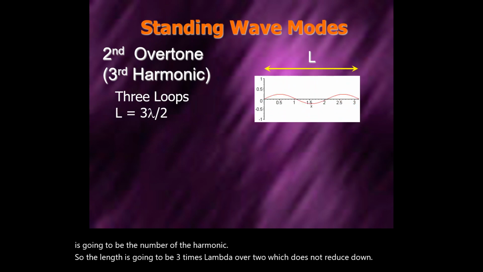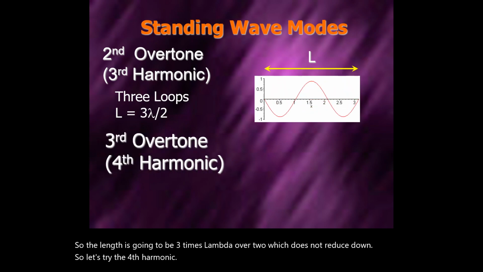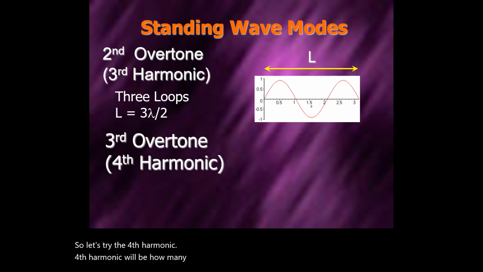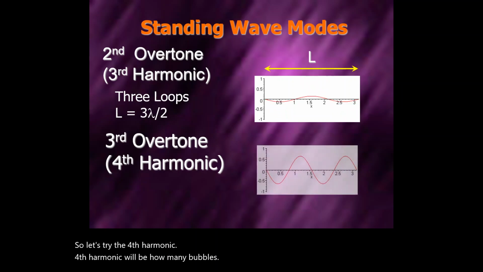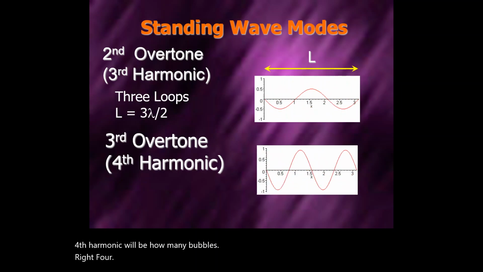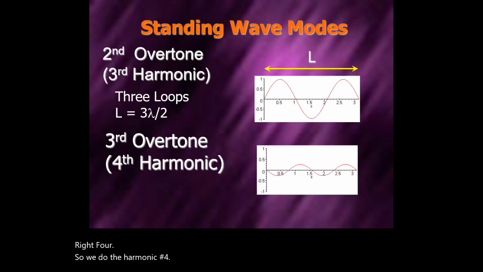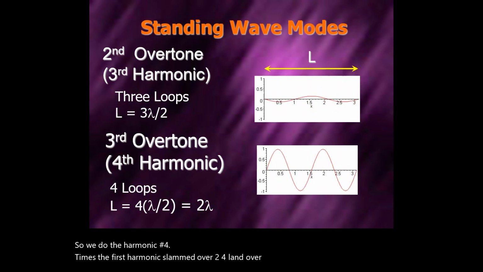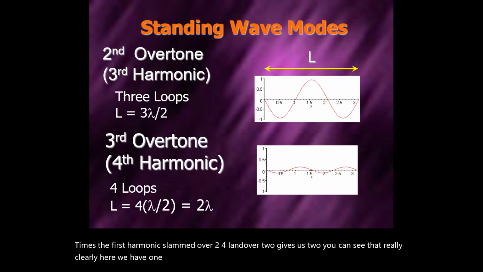So let's try the fourth harmonic. Fourth harmonic would be how many bubbles? Right, 4. So we do the harmonic number 4 times the first harmonic's lambda over 2. 4 lambda over 2 gives us 2 lambda. And you can see that really clearly here. You have one wave ending here. Then you have your second wave ending at the end.